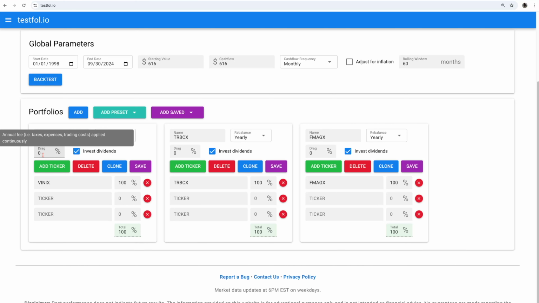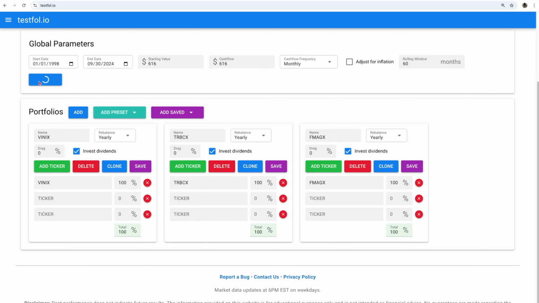As far as the drag goes, I'm going to leave this at 0 for now. Essentially, a drag is an expense ratio or any taxes or any trading costs. And all three of these funds have expense ratios, but I just want to show, without factoring in the fees, how these funds are performing.